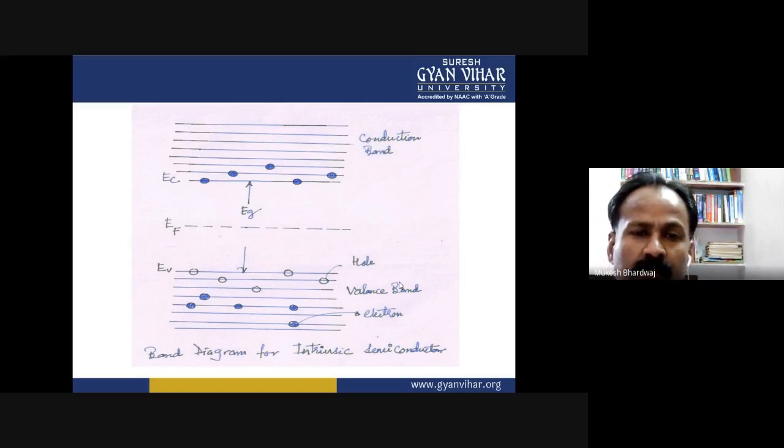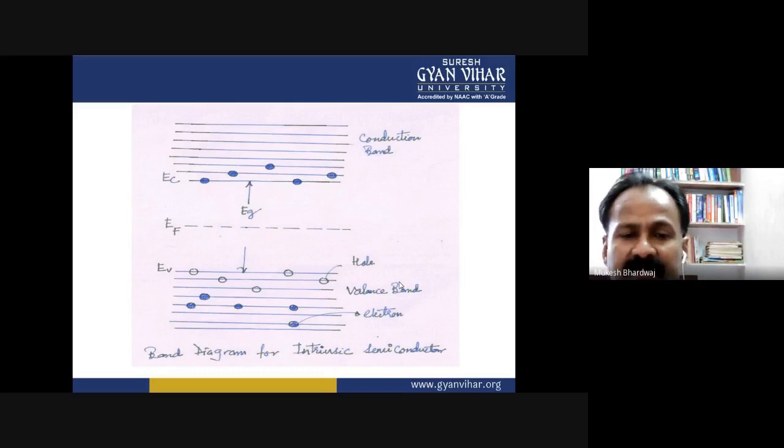So whatever energy is given to the semiconductor, if a sufficient amount of energy is taken by the valence electrons, then they cross the Fermi level and reach the conduction band and play a vital role in conduction, or electrical conduction takes place.